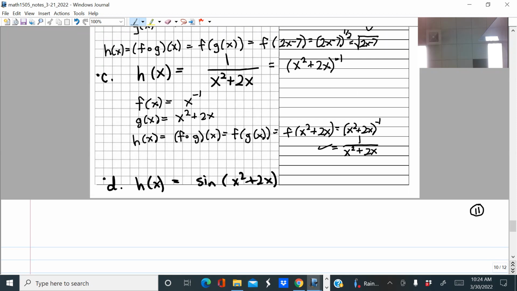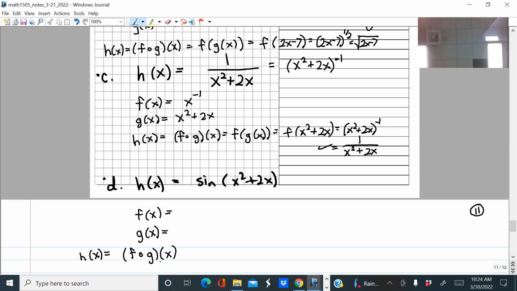Can you think of two simpler functions, f and g, so that when you compose them, you will get this original, more complicated function, right?